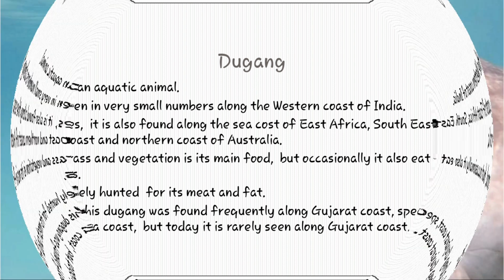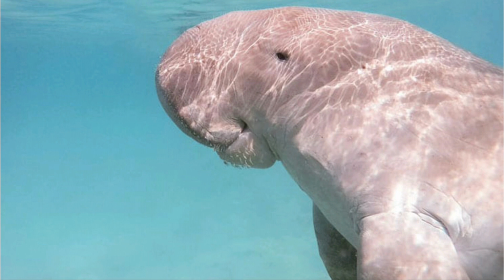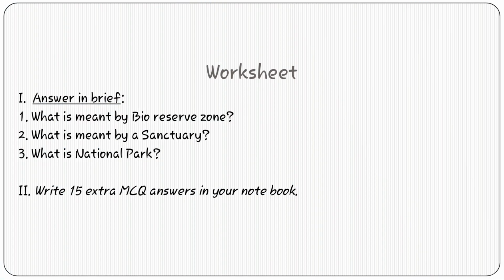Before completing the chapter, it is compulsory that we complete the remaining question answers. Shall we discuss the remaining question answers of your textbook? Worksheet, answer in brief, page number 74 of your textbook.